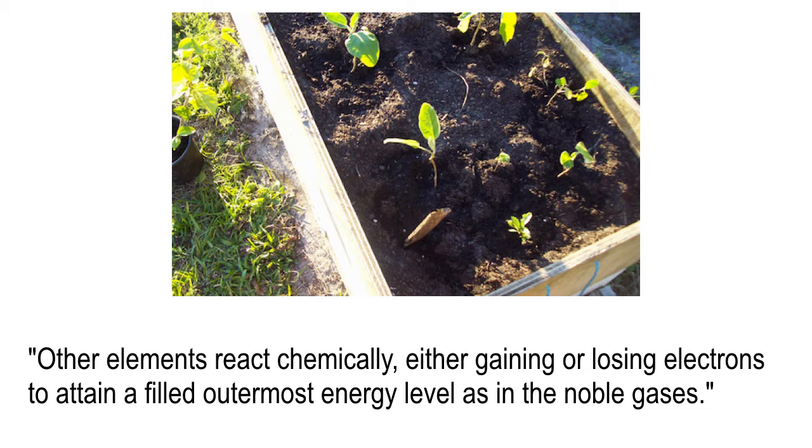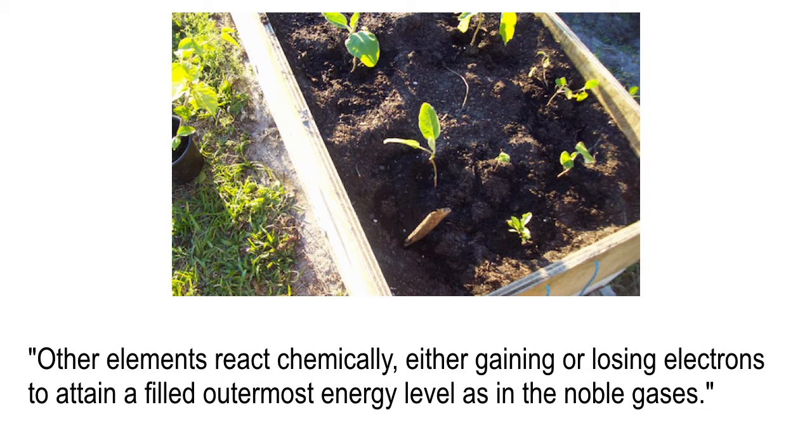We're going to take a look at that in a minute. So the whole idea is that the outer shell should be full. If you add 4 electrons to carbon, you'll get a full shell. If you subtract 4, if you ionize the carbon and boost the 4 that it already has out of there, that will make carbon happy, because then the n equals 1 level is the full shell.